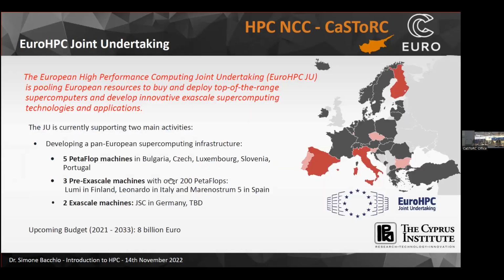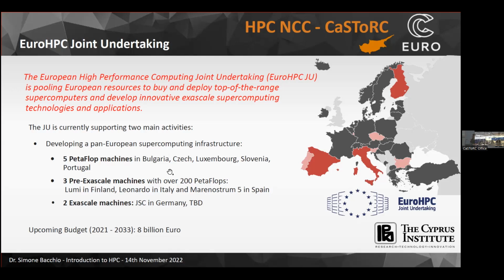So let's have a deeper look at how these systems are built and what their specifications are. First of all, let's see the European perspective on reaching exascale performance. Stelio mentioned the EuroHPC project. It is the project that is funding the next generation of supercomputers in Europe. So it has already funded the creation of 5 new petaflops machines.